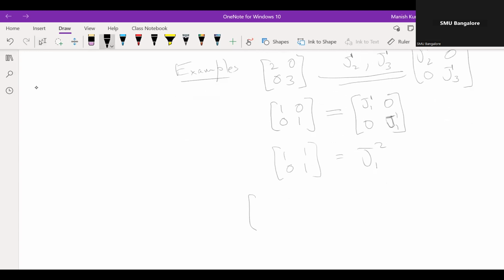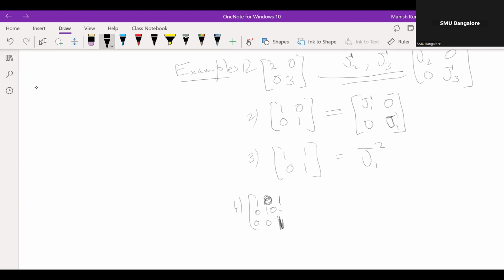If I give you something like, let's say, a 3 by 3 matrix. Another example. So this was 1, 2, and 3, and let's say this is 4. So it's a 3 by 3 matrix, with 0, 1, 0.